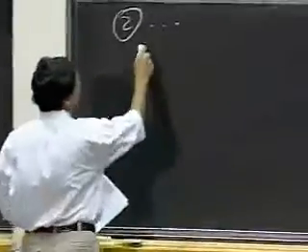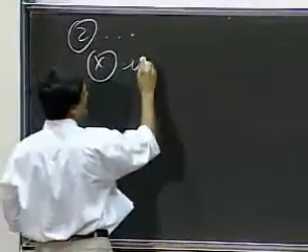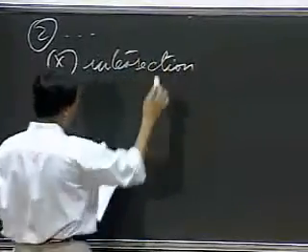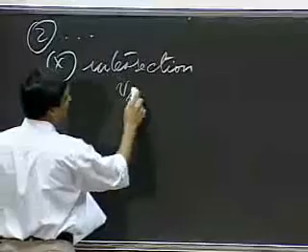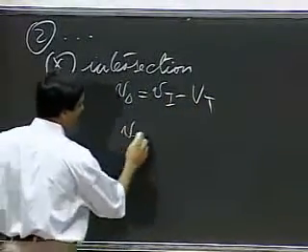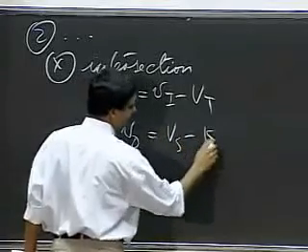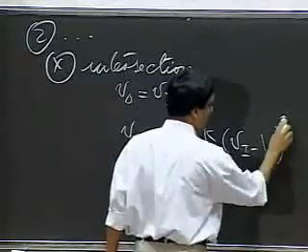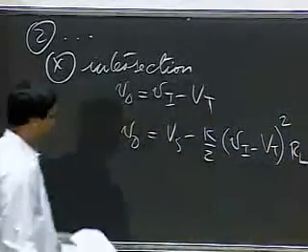Note that point X is the intersection of two curves: VO equals Vi minus Vt, and the second curve is VO equals Vs minus K divided by 2, Vi minus Vt whole squared, RL.